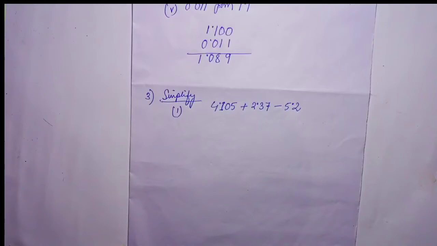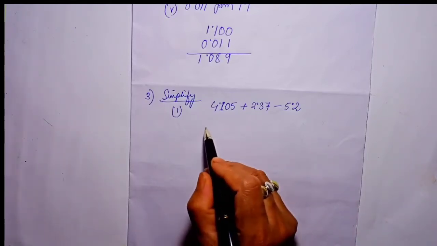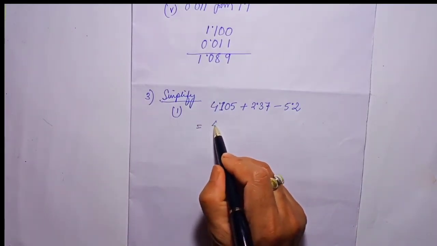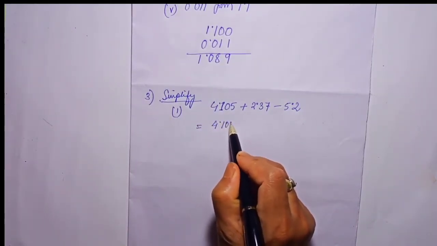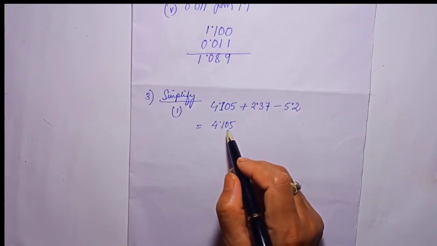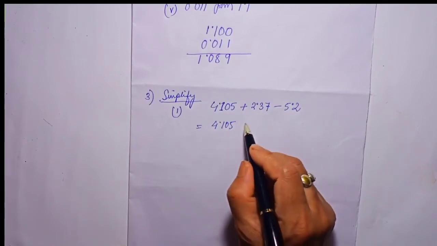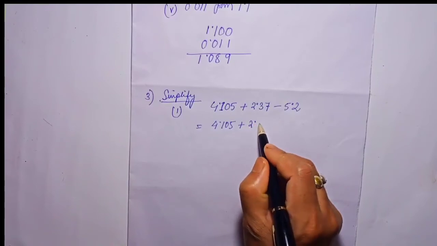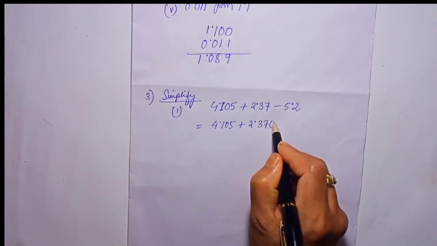Okay, what is the first work? Our first work is to make all the numbers like fractions. Now you see, 4.105, it is holding 3 decimal places, it is having only 2, so we are making it 3 decimal places by putting a 0.